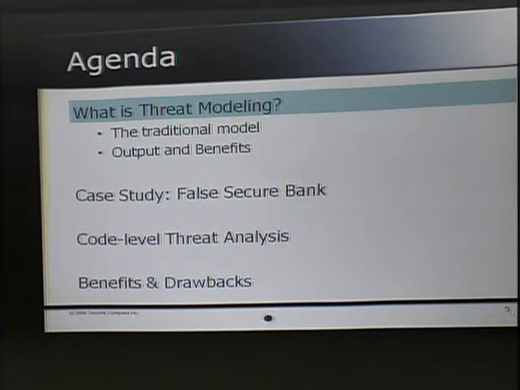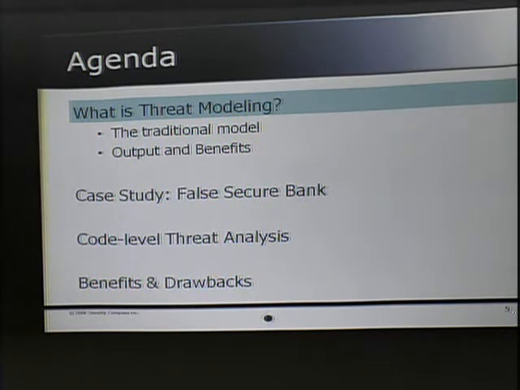So here's the agenda today. We'll talk about traditional threat modeling: what occurs and what the process is, some of the outputs that come out of performing threat modeling, and benefits of this approach. We'll then take a look at a particular case study for a company called False Secure Bank, who has a web application.